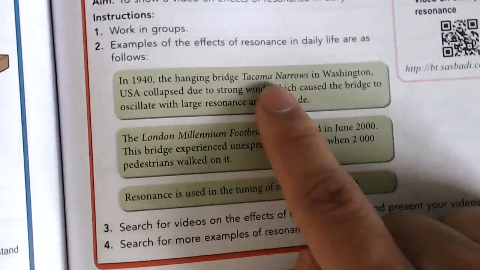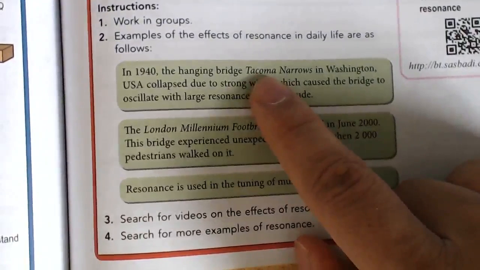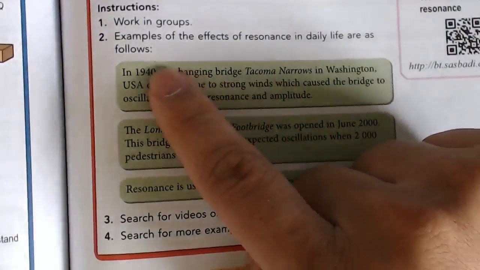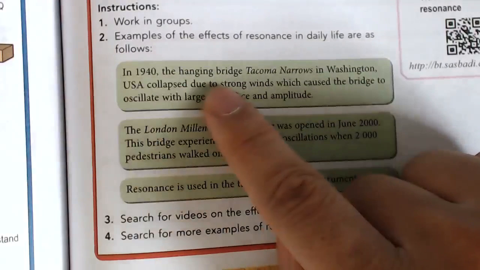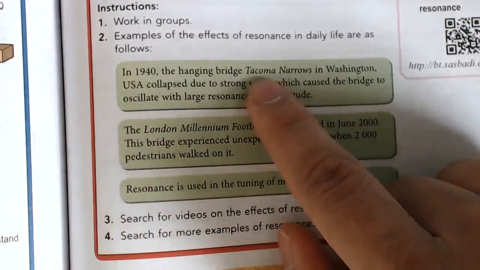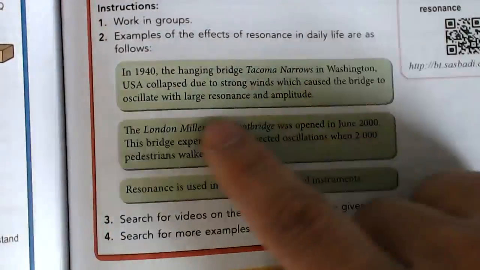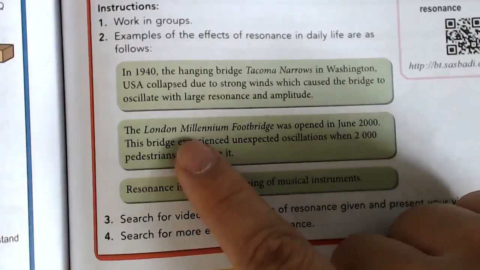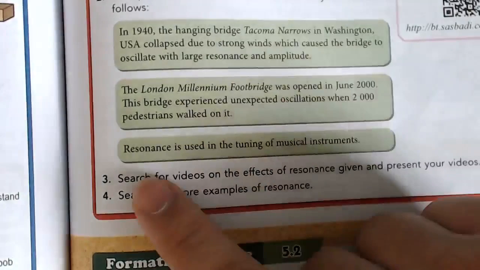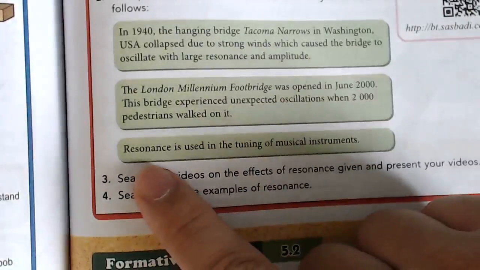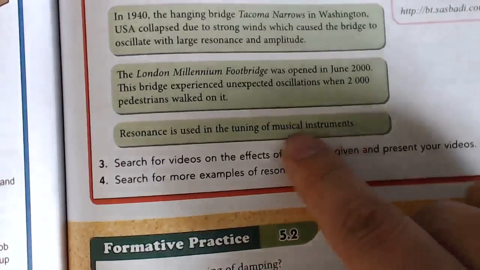This one, the one that you have seen in the video, happened in 1940, and the name of the bridge is Tacoma Narrows in Washington, USA. And this one is the London Millennium Footbridge. And this one, resonance is used in the tuning of musical instruments.